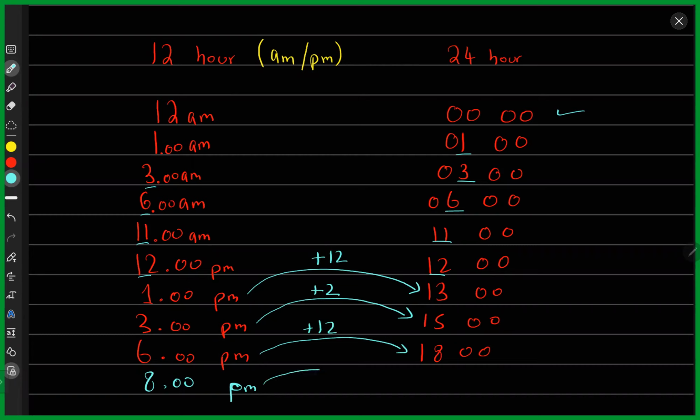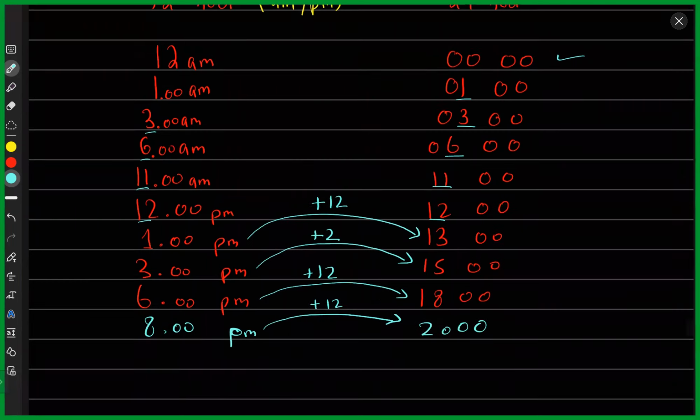And now if I'm interested in seeing what exactly is 8 p.m. on the 24-hour clock, I'll do plus 12 and this would give me 2000. So this is basically an understanding of the 12-hour and 24-hour clock. Any difficulties with this? No, ma'am. Okay, very good. Well done.